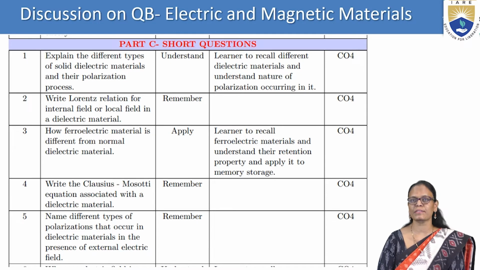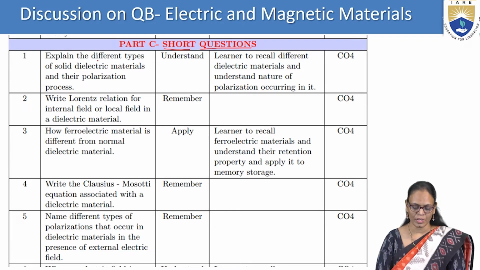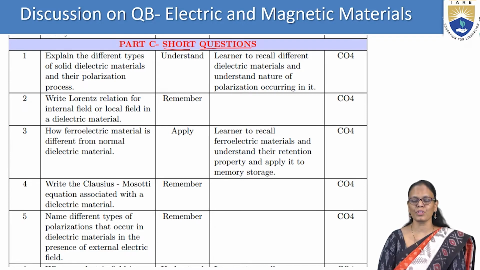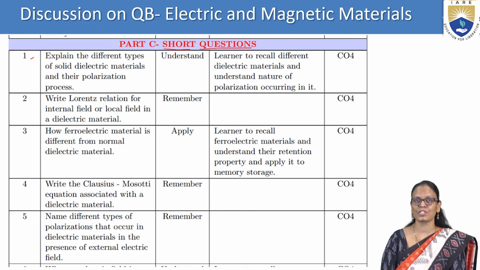So first we will be discussing the short answer questions, that is part C. When you see the question bank, you will see the questions in this format. The first question is: explain different types of solid dielectric materials and their polarization process. This second column denotes what level of learning it is.